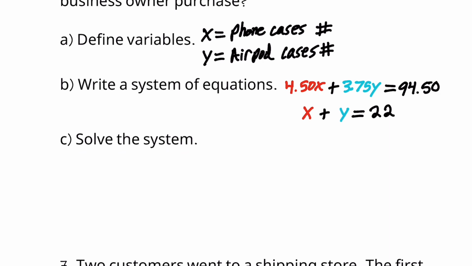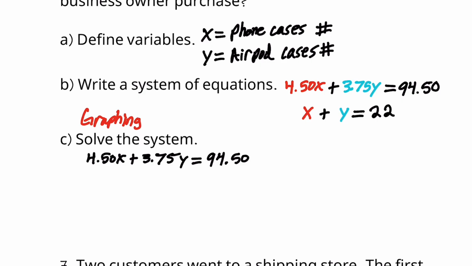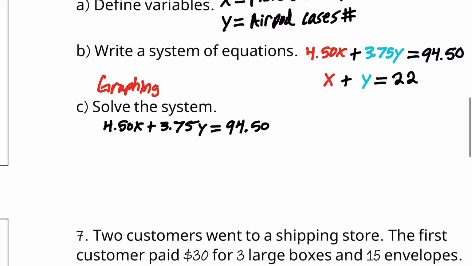Let's take my first equation. 450x plus 375y is equal to 94.50. Again, the way I'm going to solve this is by graphing. It's just what I like to do. So let's solve this. Draw a line down my sign, guys, and we're going to subtract 450x from both sides.